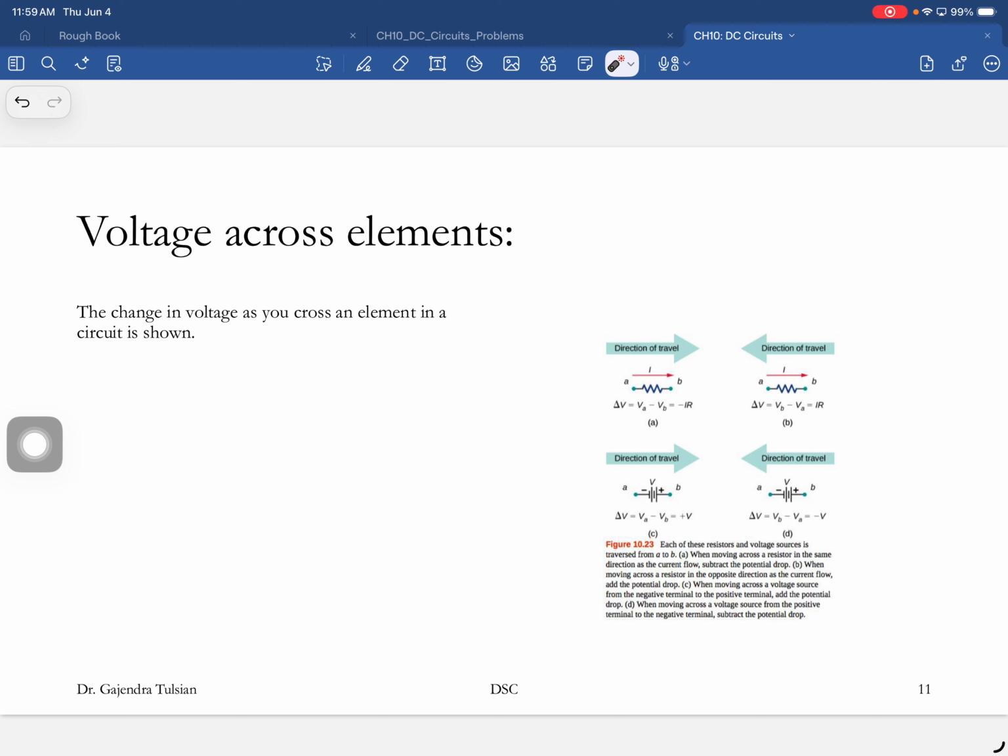For a battery, this is the low voltage, that's the high voltage, so the change in voltage is plus V. When you're going in this direction, you're going from high to low voltage, it's minus V.